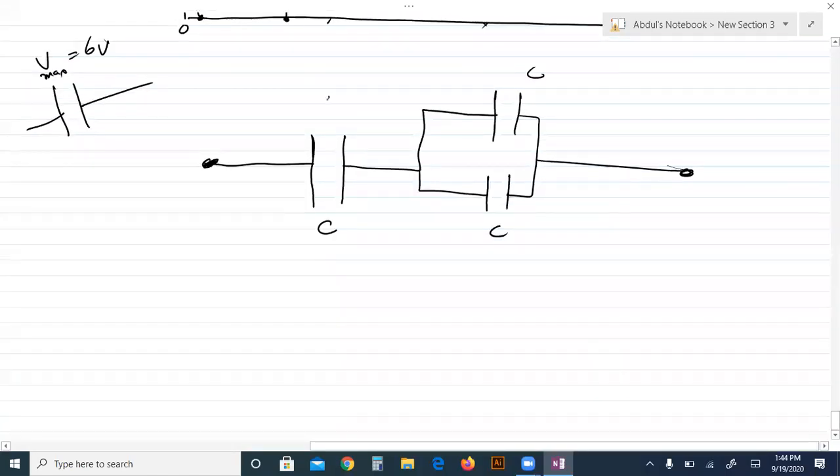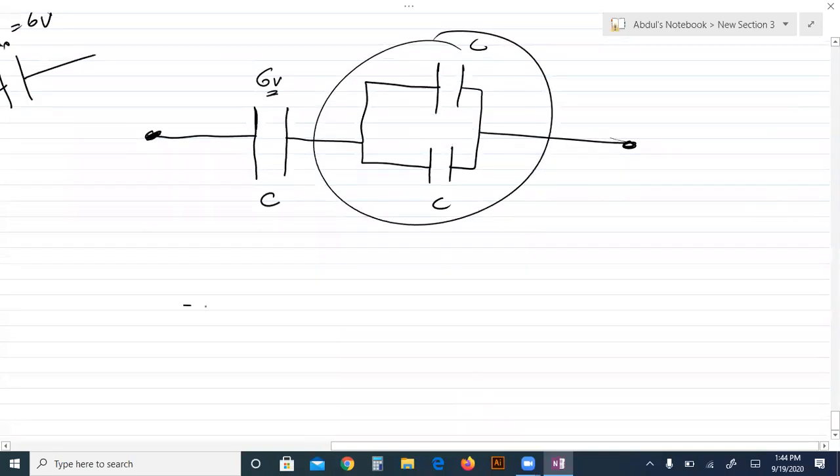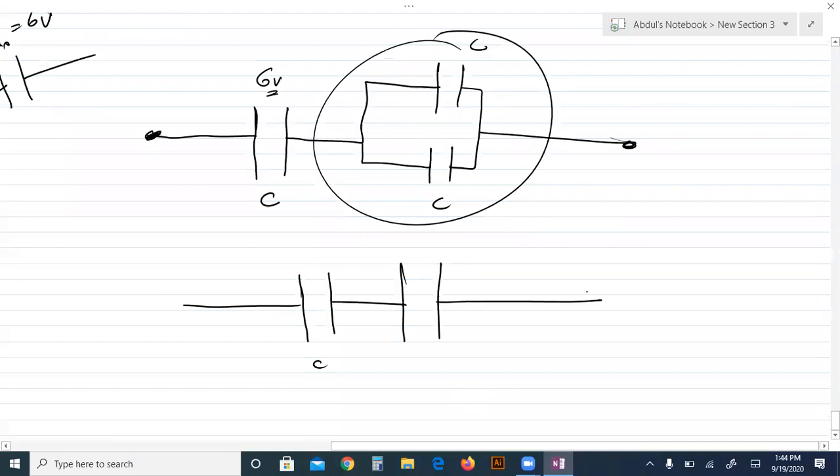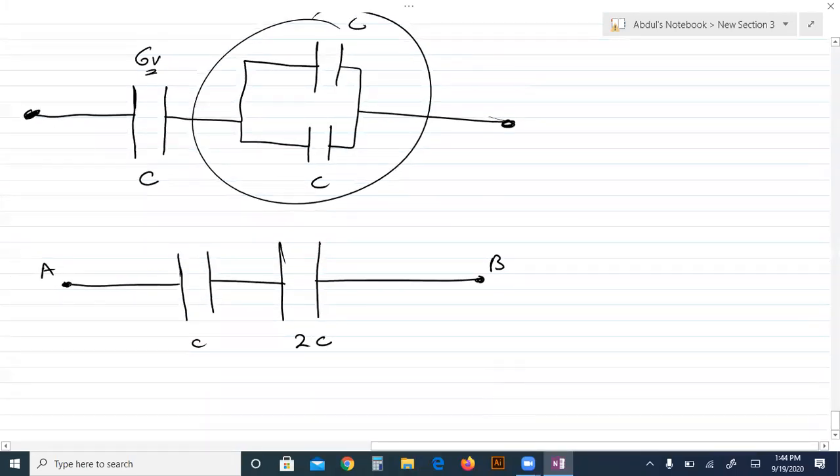Look, this can bear 6 volts. Now the problem is with this. We can draw the circuit like this. This is C. Now both are in parallel, so they can be replaced with a single capacitor of 2C value, because in parallel capacitance increases and in series capacitance decreases. Now this capacitor and the double-capacitance capacitor are in series, so the charge remains the same.